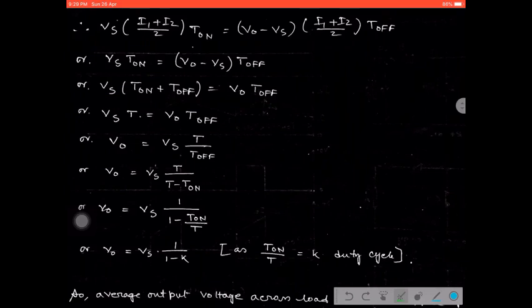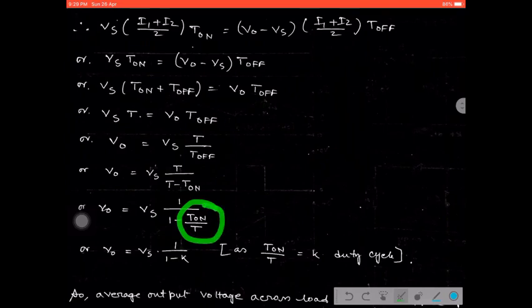Why are we changing the equation like this? As we know, T1 plus T off equals T, the total time. That is why Vs into T equals V0 into T off. Further simplification gives T by T off, and T off means T minus T1, so we can change the expression to 1 by (1 minus T1 by T).